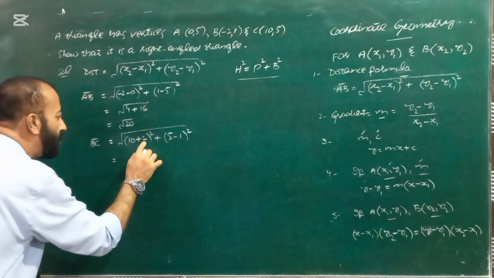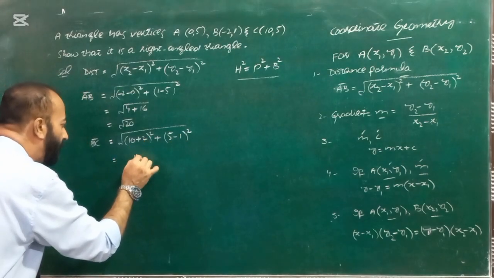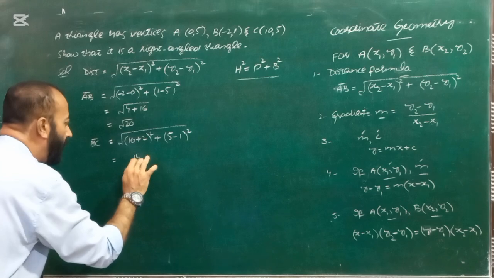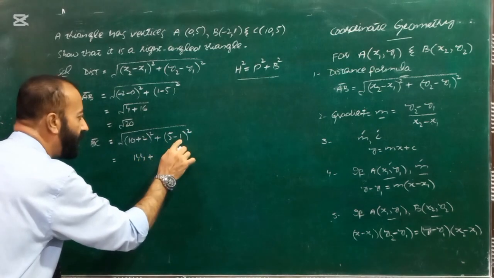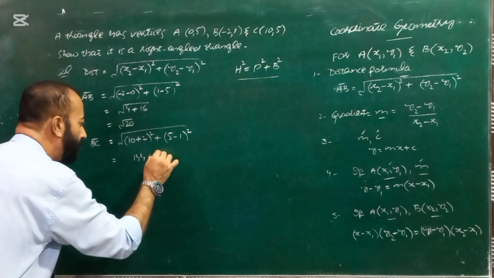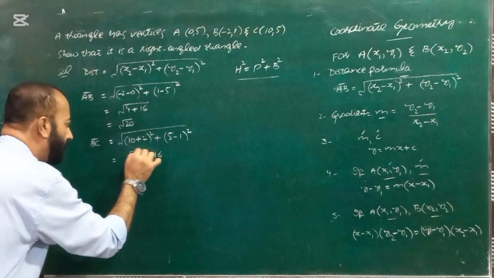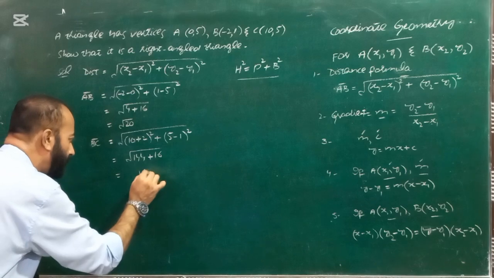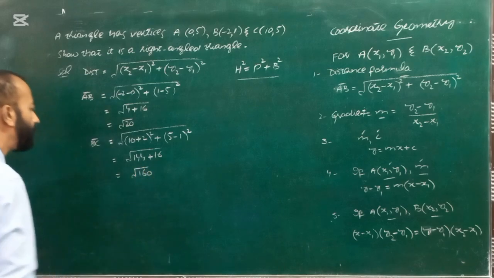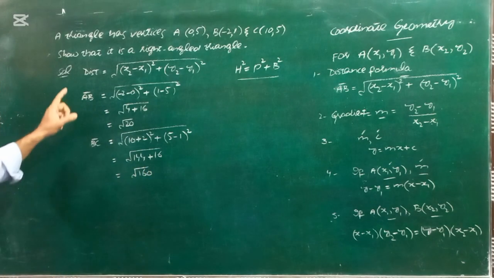So 10 plus 2 is 12. 12 square is 144. This plus is still there. 5 minus 1 is 4. 4 square is 16. This will make root 160.